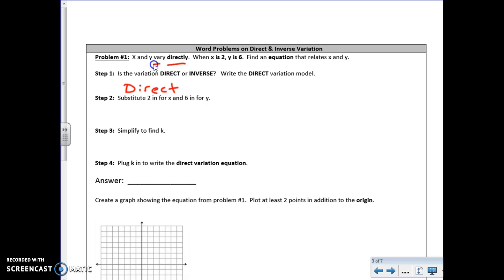Then it says, write the direct variation model. We learned that that is y equals k times x. Again, y equals k times x. Now it says substitute 2 in for x and 6 in for y. So now we have 6 equals k times 2. Then for step 3, it says simplify to find k.